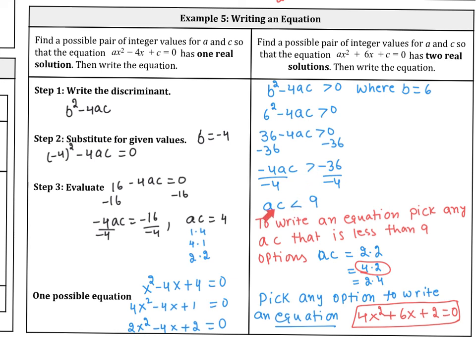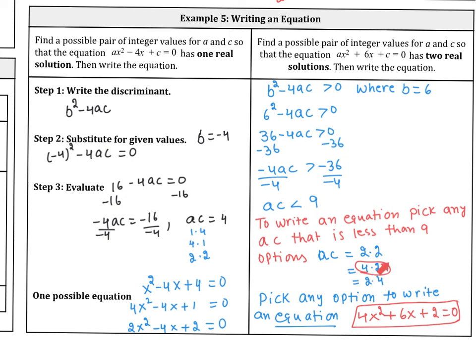Now you're going to pick any pair for a and c, a times c, that is less than 9. So the options are going to be so many, but we are going to say maybe 2 and 2, which is 4, that is less than 9. 4 times 2, that's 8, less than 9. And the other option can be 2 times 4, that is still less than 9.